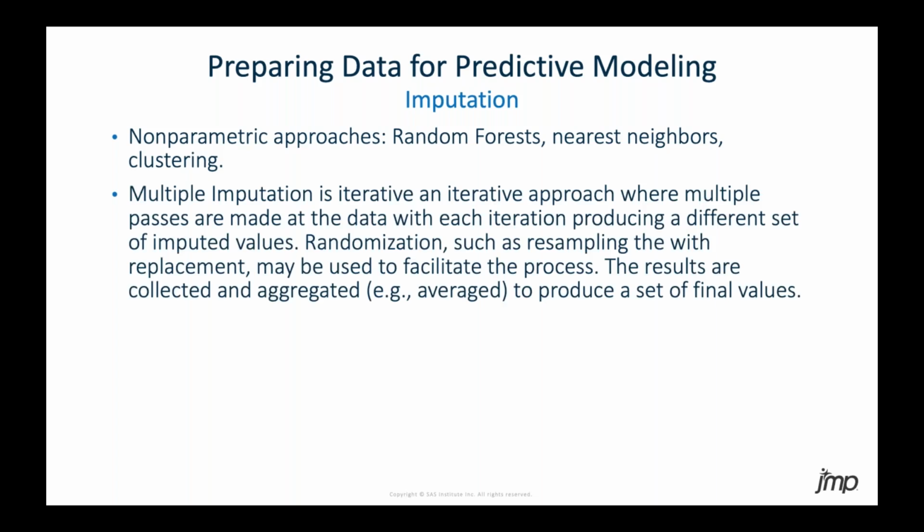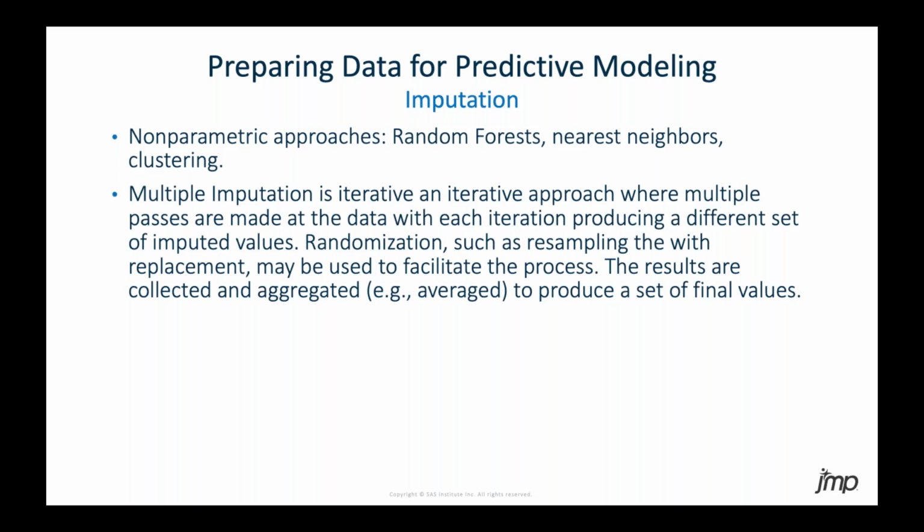All right, all those approaches have been implemented. They're all relatively simple approaches. Another approach that I mentioned is multiple imputation. Multiple imputation is an iterative approach. Multiple passes are made at the data. There is not one way to do multiple imputation. There are many different approaches to multiple imputation, just as there are many approaches to simple imputation.